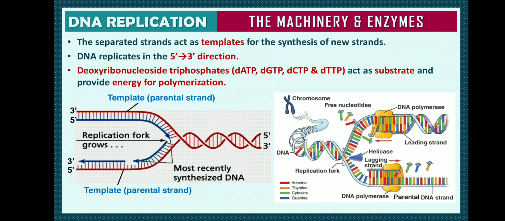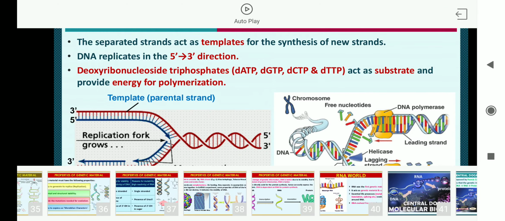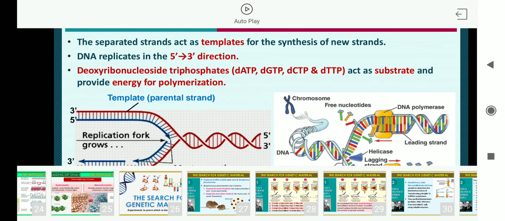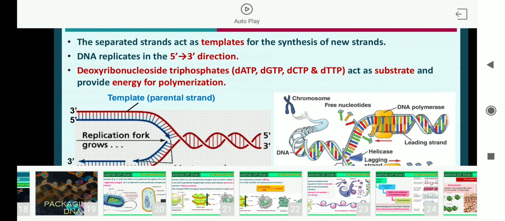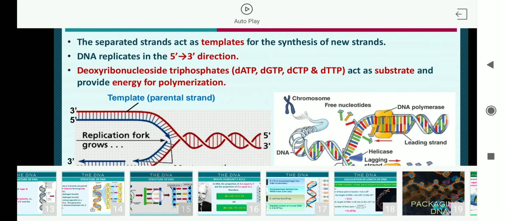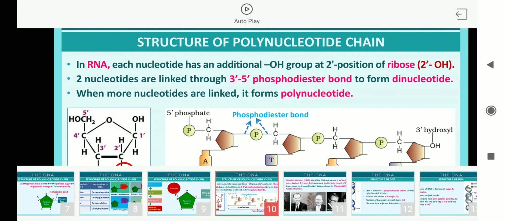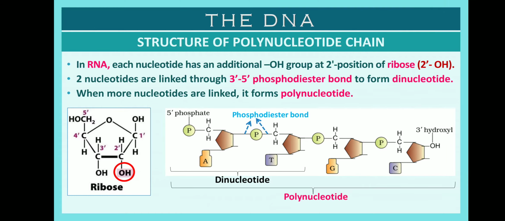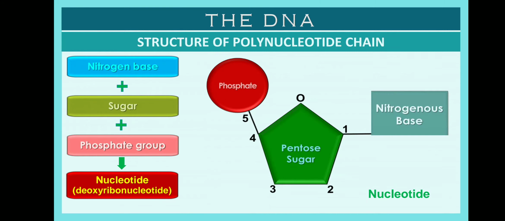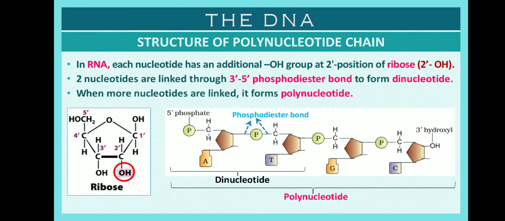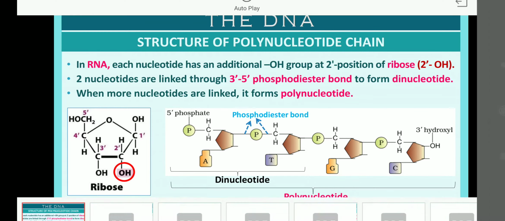Now, what is clear from nucleotide formation, students, if you remember how a new polynucleotide chain forms: polynucleotide chain formation always takes place in a particular direction.